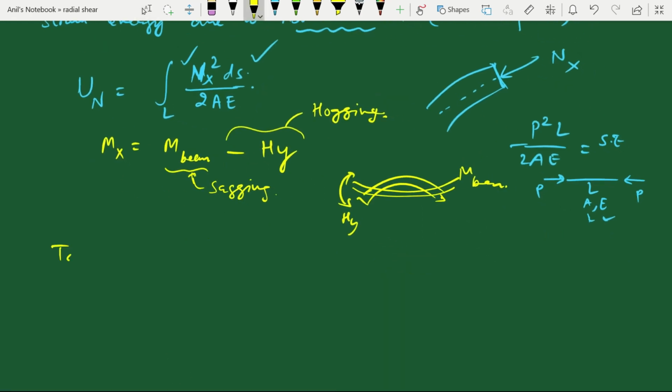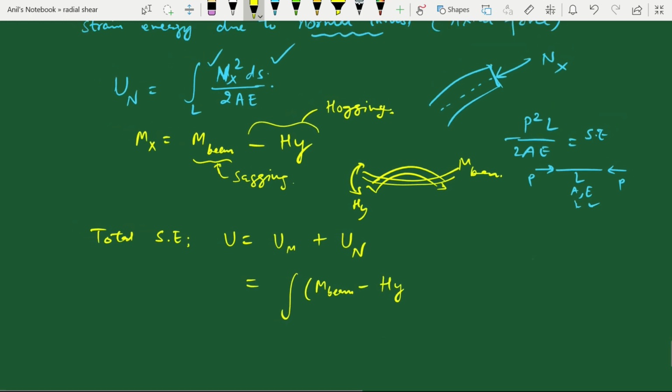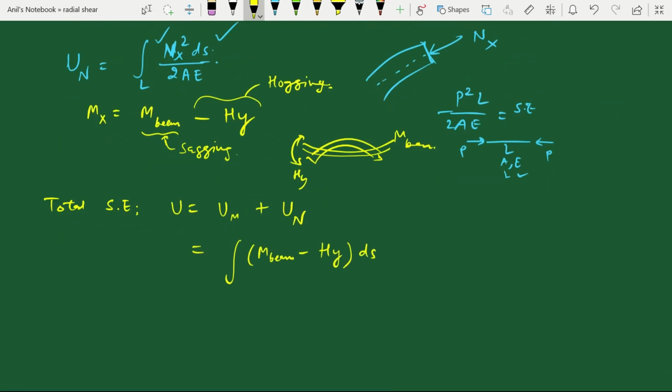Now total strain energy will be U is equal to U bending moment plus U normal thrust. This can be written as integration of (Mb minus Hy) the whole squared ds upon 2EI plus integration Nx squared ds upon 2AE.